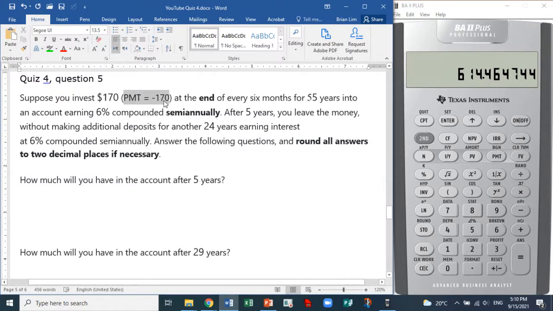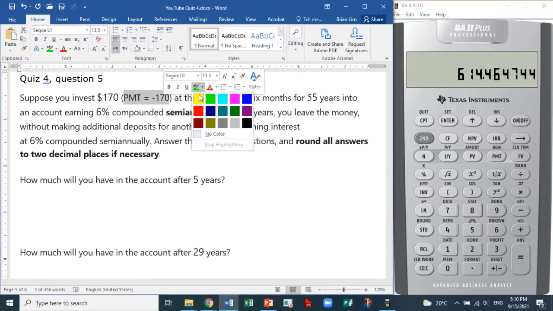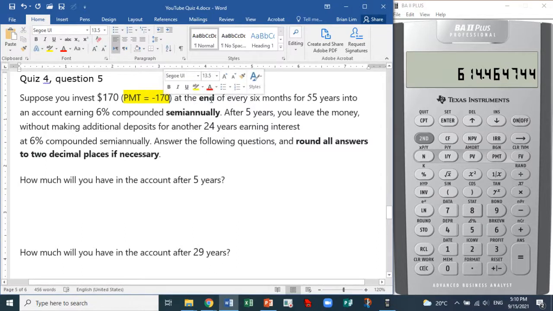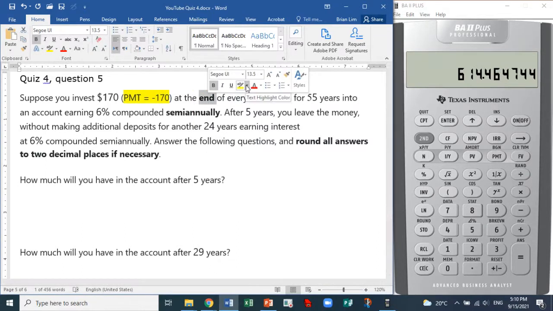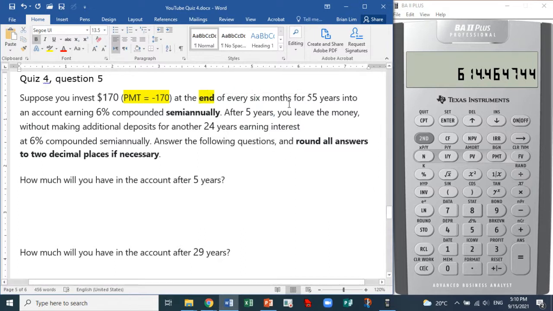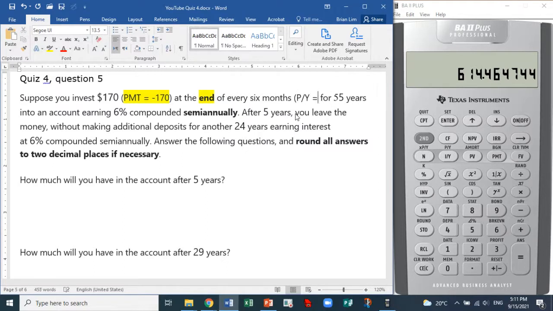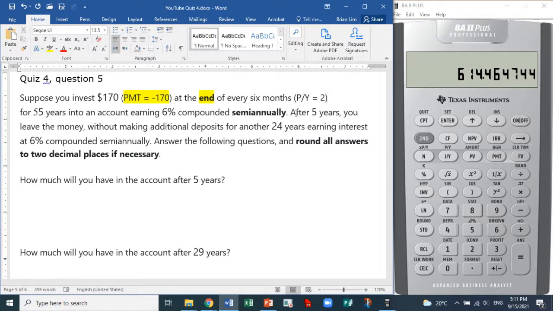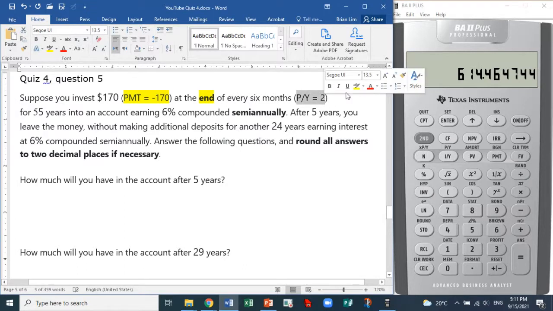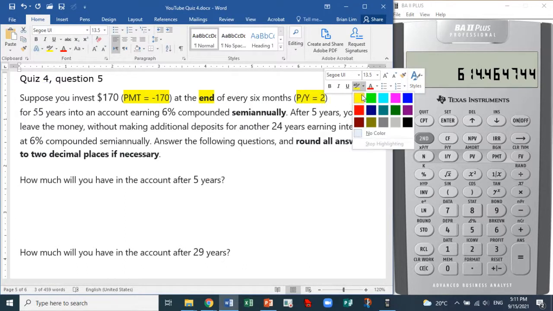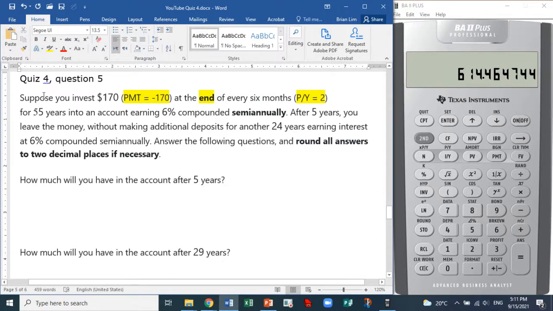We can do our highlighting as we go along if we so wish. End of every 6 months, like I said, it could be end or beginning. What does that mean? Well, it means that it's twice per year. Half of a year is 6 months, so twice per year is the correct number.